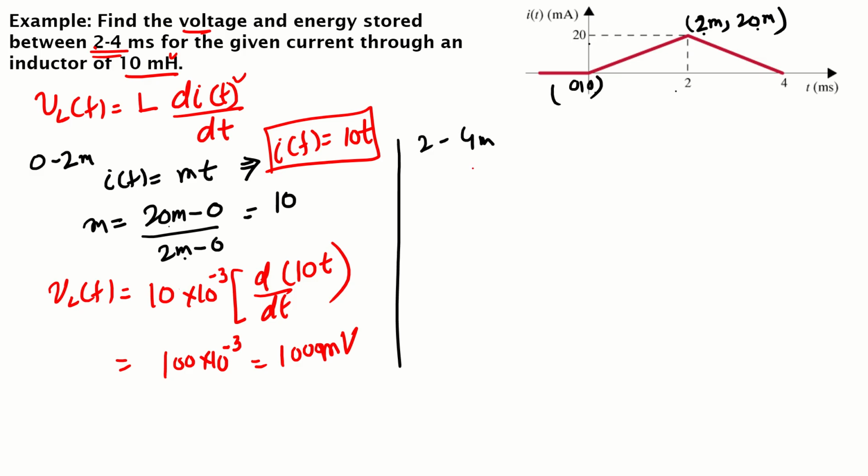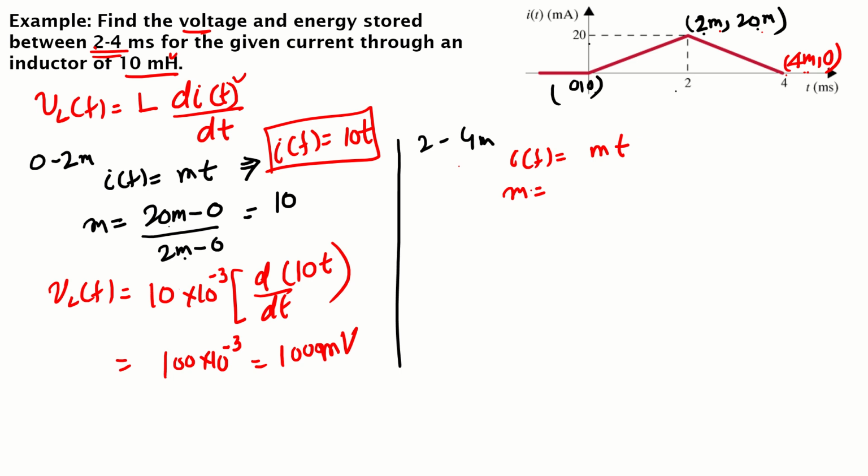What about 2 to 4 milliseconds? Again, we need to find the expression for the current, which is the slope multiplied with t. What is the slope now? This point is 4 milli and 0. This is x2 and y2, and this is x1 and y1.